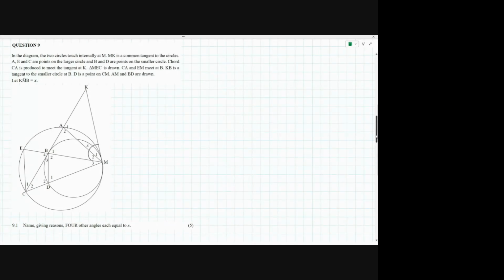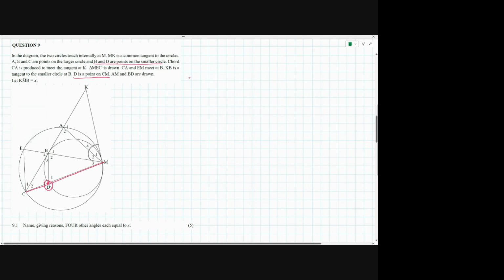Now, a lot of this information I don't want to say is pointless, because it isn't. The reason we give you information such as D is a point on CM is so that there is no confusion about where that point sits. We already told you D was a point on the smaller circle, so you know it's a point on the circumference, but it also happens to be a point on this line.